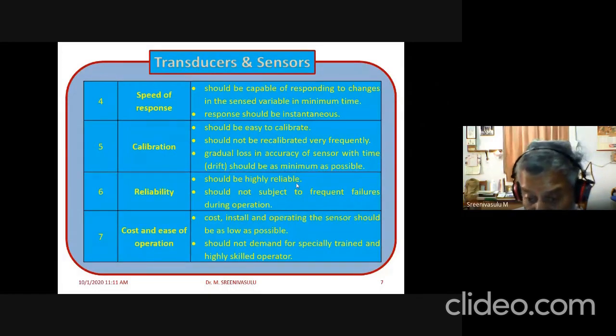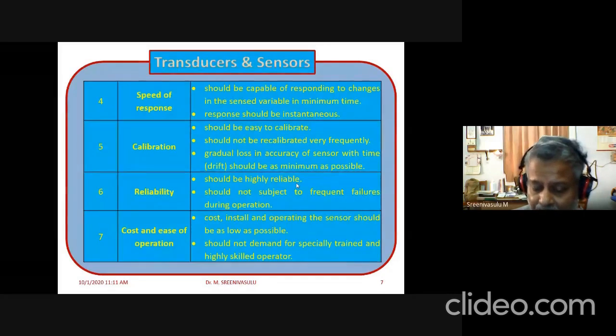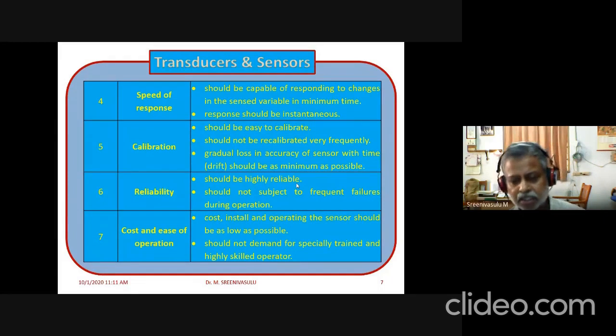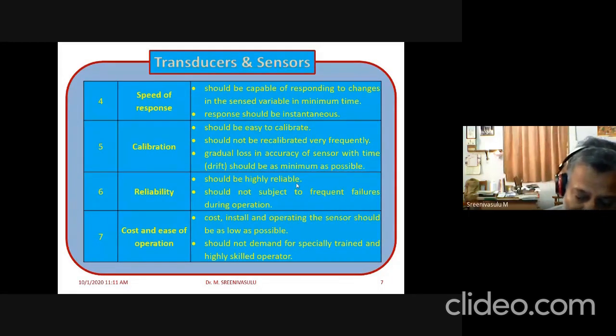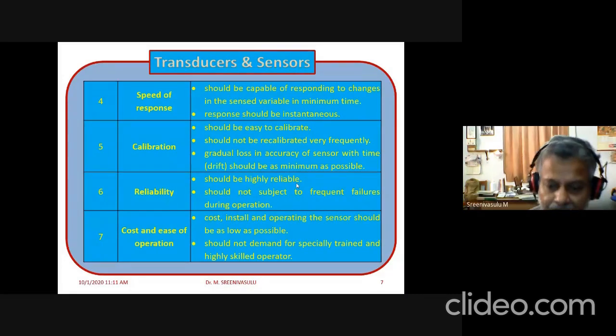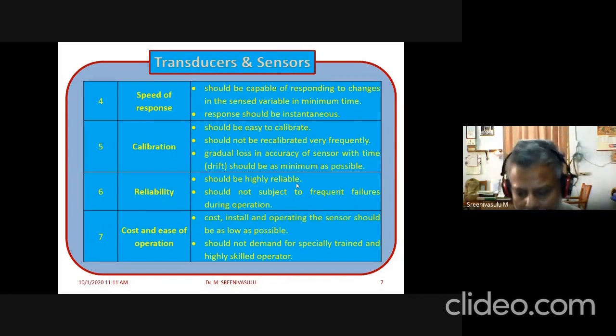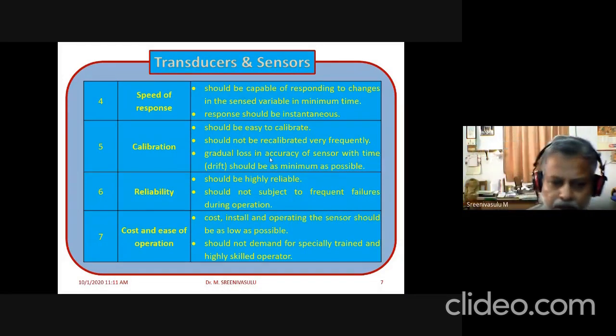If that sensor fails, I will not get the scope to get the actual value of force. Then I will be under the assumption that it is actually going ahead with the same force, but it has failed and it is not showing the actual value, or it might not even be showing the value at all. So that is going to create a problem. That is the reason the sensor you are trying to use should be highly reliable and should not experience frequent failures.